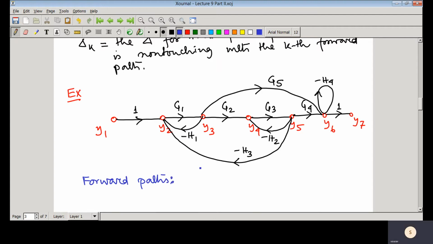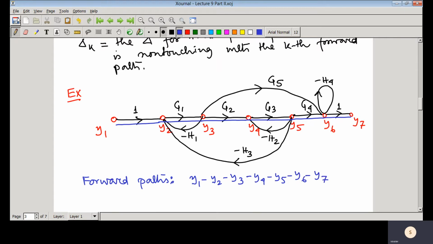Forward paths. One forward path is y1 to y2 to y3 to y4 to y5 to y6 to y7. So this is one forward path.